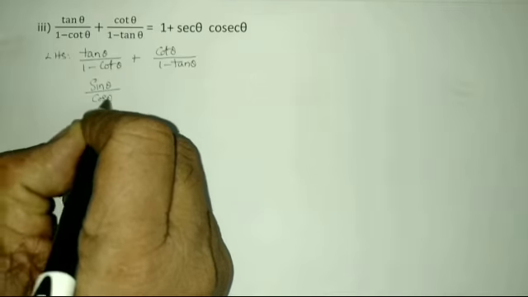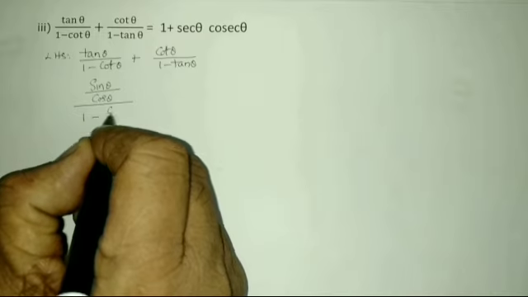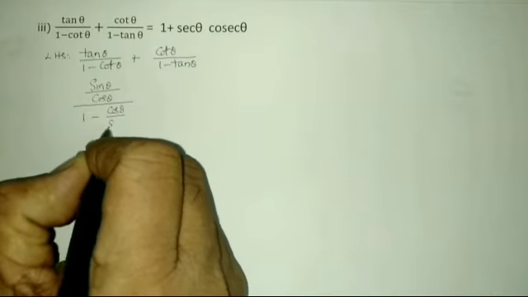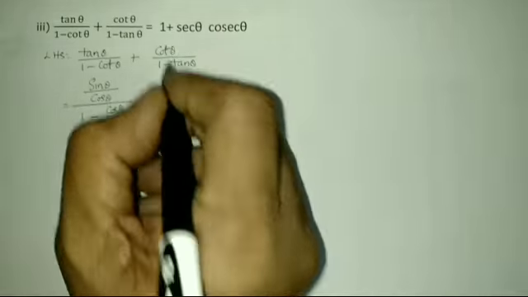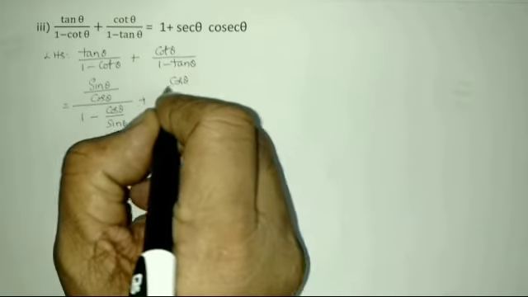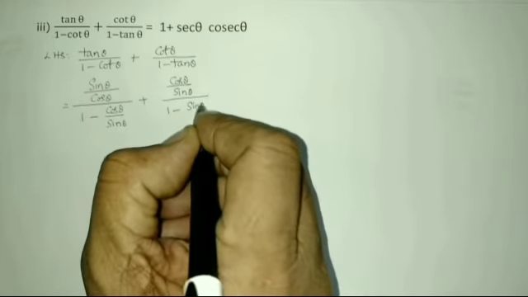can be written as sin theta by cos theta, 1 minus cot theta means 1 minus cos theta by sin theta, plus cot theta can be written as cos theta by sin theta, and 1 minus tan theta means 1 minus sin theta by cos theta.